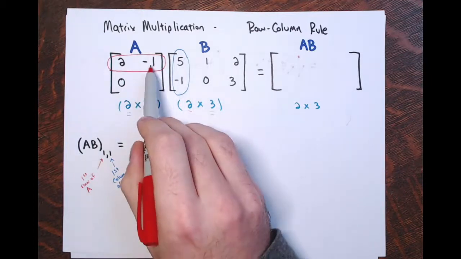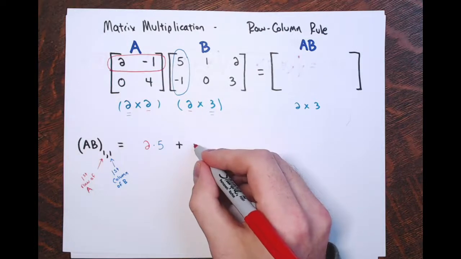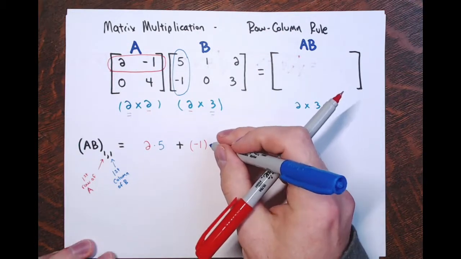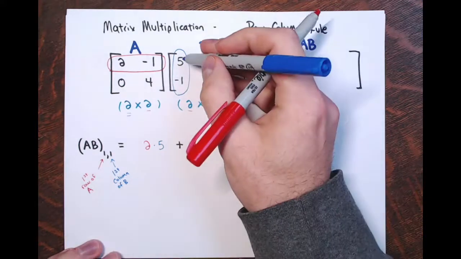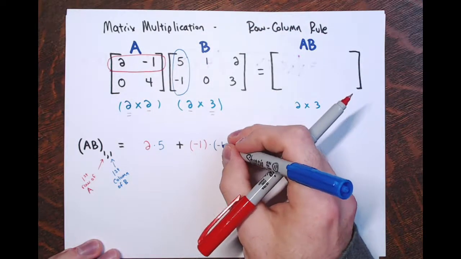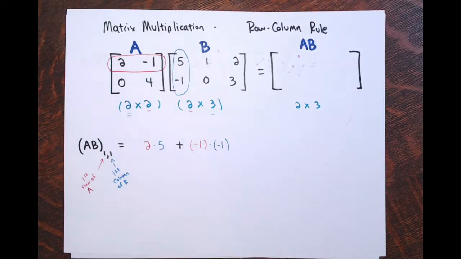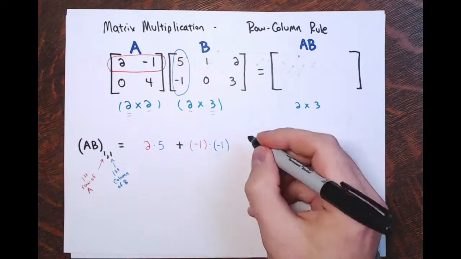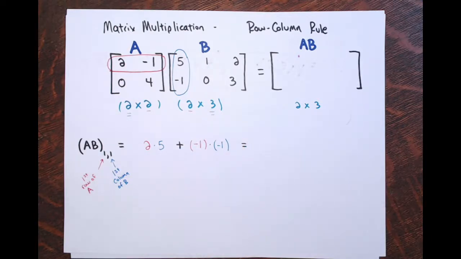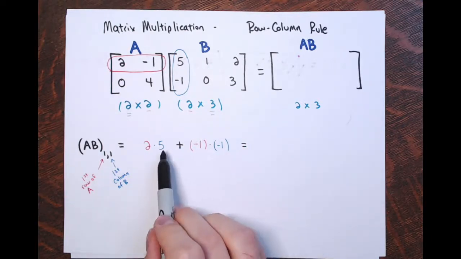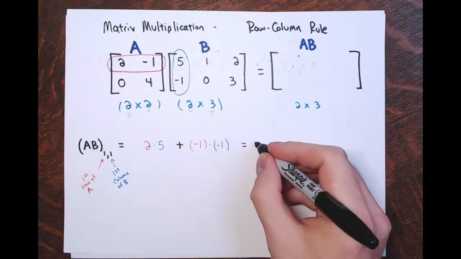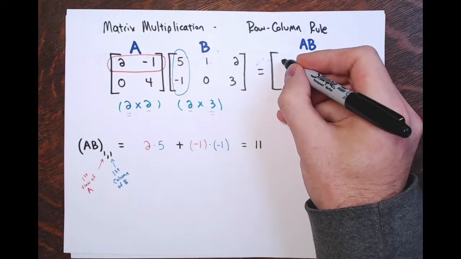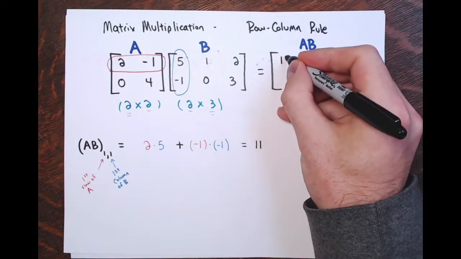The second entry from the first row of A is -1, times the second entry of the first column of B, which is also -1. And that's it. I'm done with the row, I'm done with the column. There are no more entries. And what is this sum? This is 10 plus 1, 11. So the first row, first column entry of AB is 11.